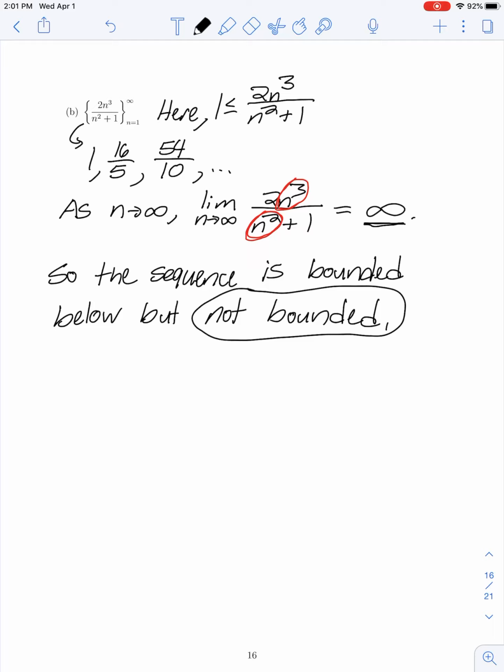Remember, to be bounded, it has to be bounded both above and below. Now this one is bounded below by 1, but it has no upper bound. Therefore, it is not a bounded sequence.